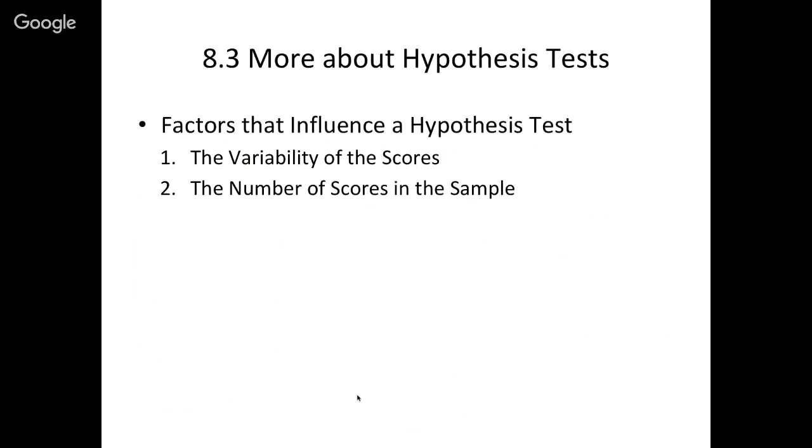If you have any questions about these three questions, just check the definitions of type 1 and type 2 error. And let's continue to introduce hypothesis testing. What are the factors that will influence a hypothesis test? We have two factors. One is the variability of scores.